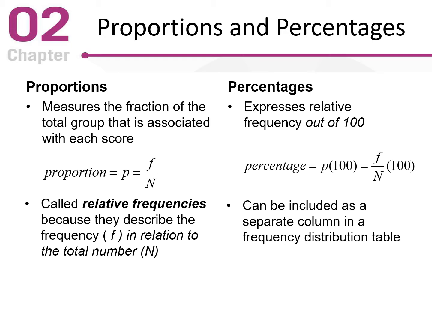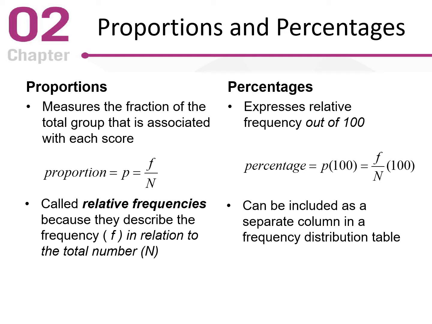And the proportion is the same thing as a relative frequency. So you may have heard in other classes relative frequency, that's this. It's just f divided by n. The text is calling it proportion, but it's also saying it's relative frequency. They're interchangeable. That's the proportion of total cases in each category.